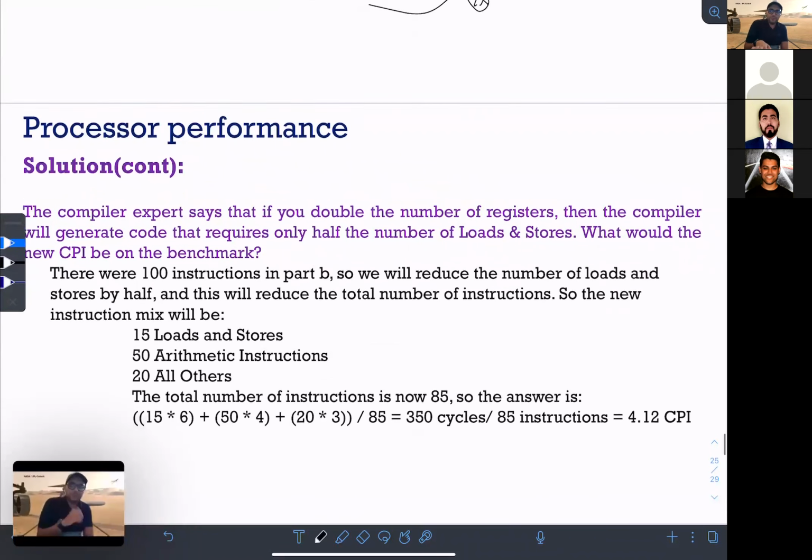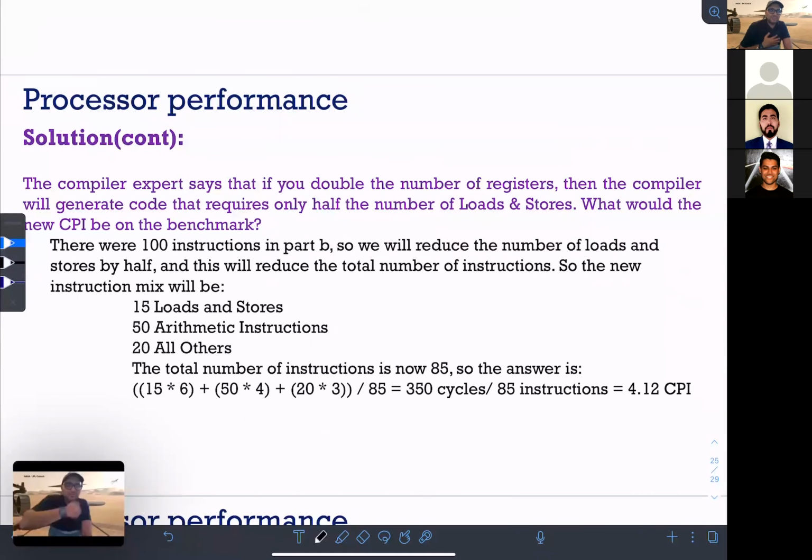Now the compiler people, the software people, got mad, so now we see what they are going to get. The compiler expert says that if you double the number of registers, the compiler will generate code that requires only half the number of loads and stores, which is correct. If you increase the GPR, you don't need to talk to the memory that much. So yes, you increase the duration of the clock by 20%, but you decrease the number of memory accesses by half.